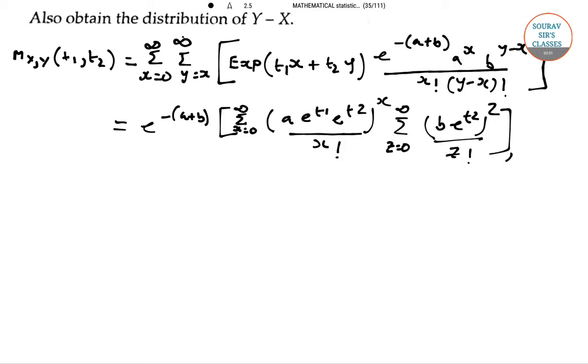We can write it this way because we have taken y minus x to be equal to z.